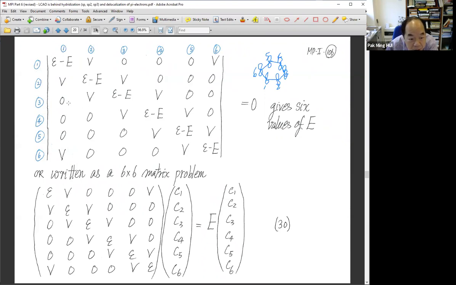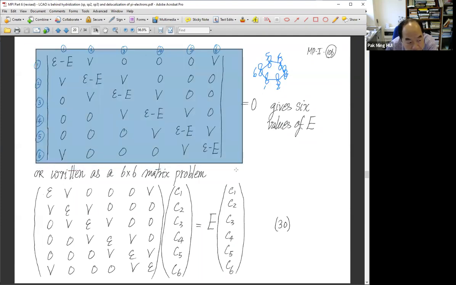For the other atoms, each will have 2 non-zero off-diagonal elements because each has 2 nearest neighbors.